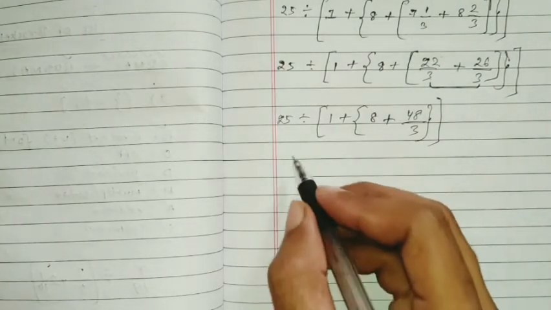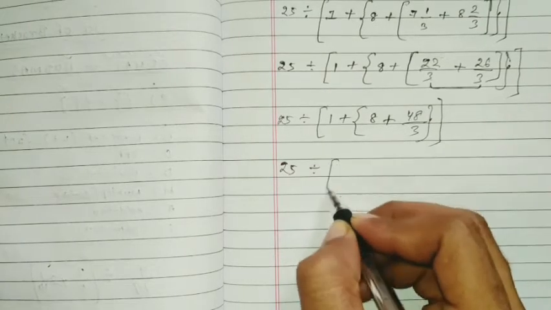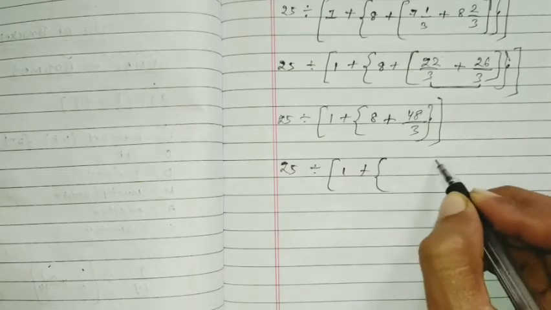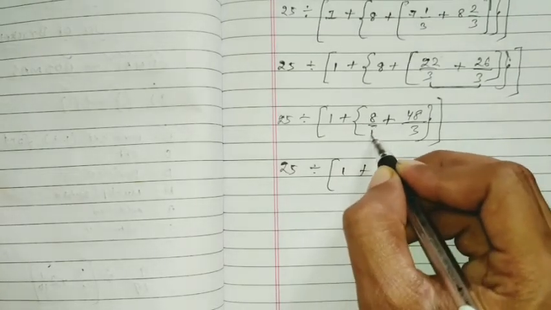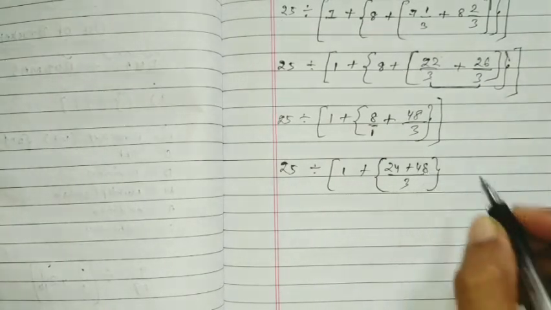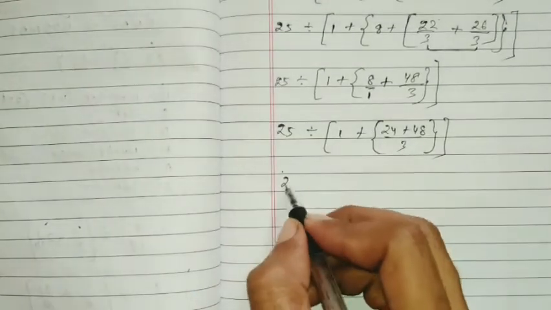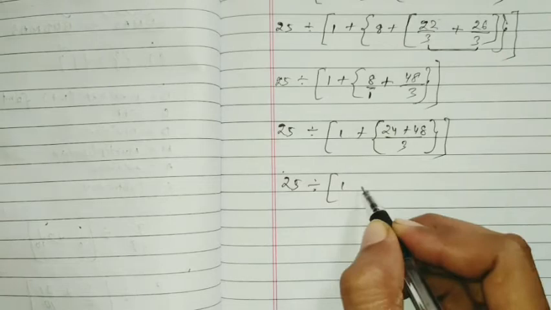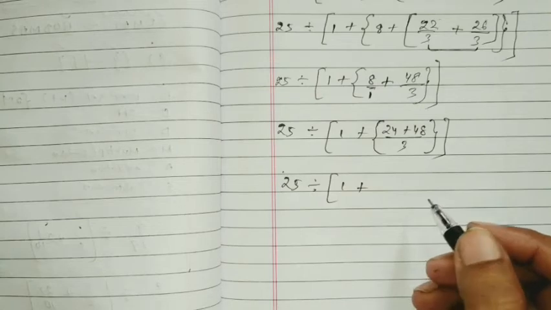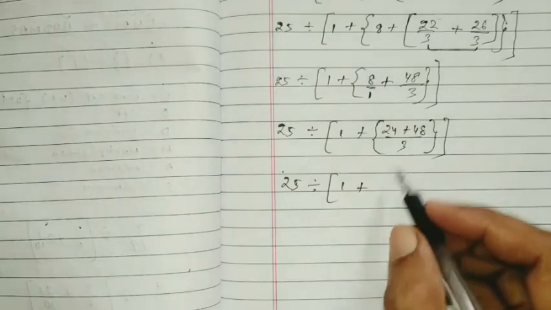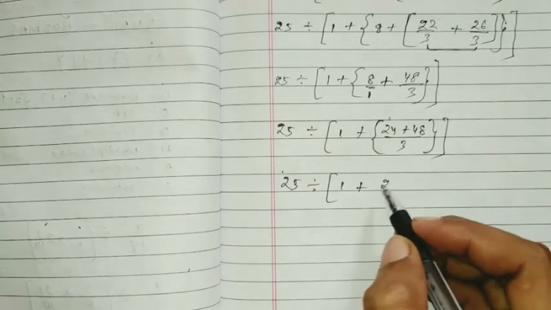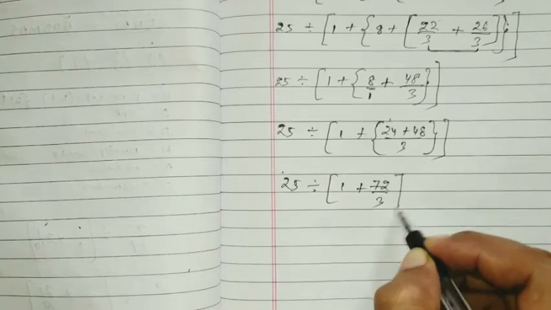So now 25 divided by 1 plus, nothing is here, put 1 here, find an LCM, that is 24 plus 48. So 24 plus 48, you will get 72 by 3.